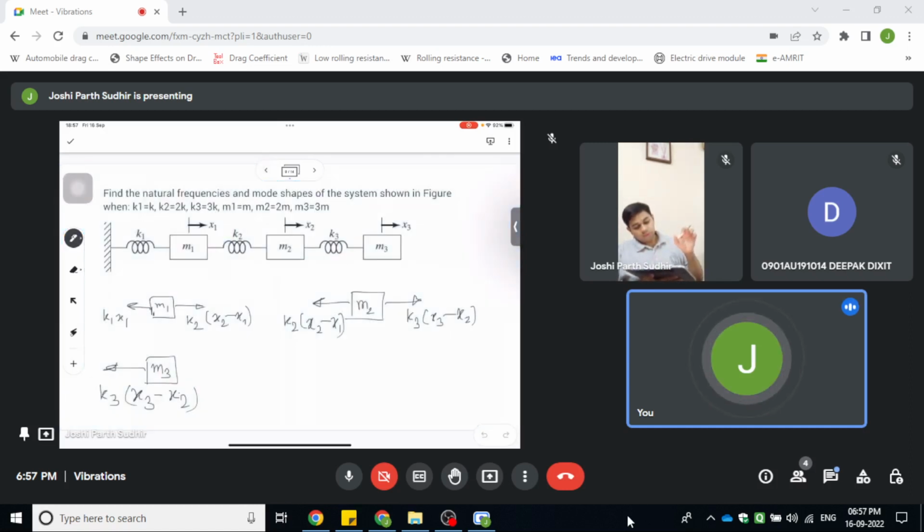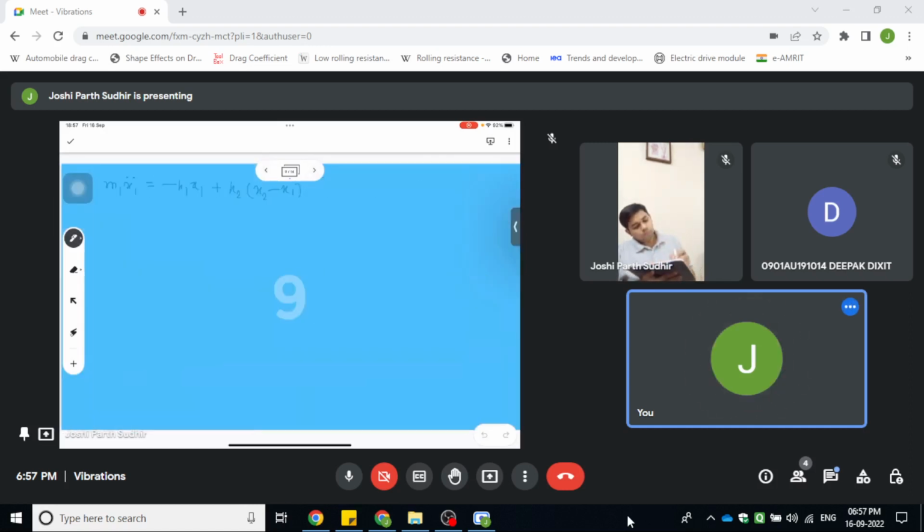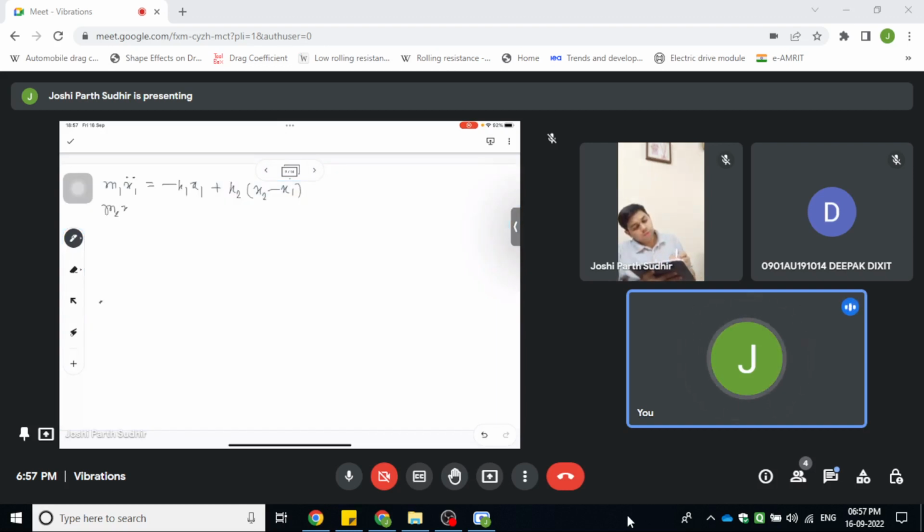Then for the mass m2, we have m2 x2 double dot is equal to minus k2 x2 minus x1 plus k3 x3 minus x2.